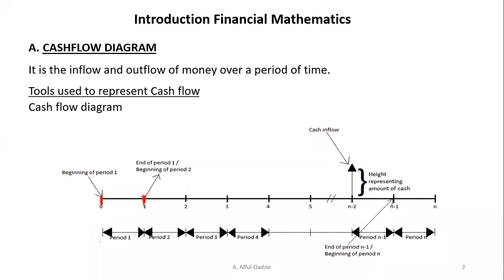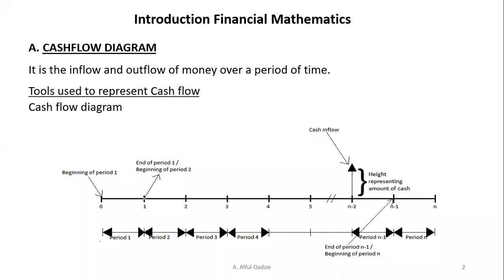However, although being the end of period 1, it also marks the beginning of period 2. The gap between 0 and 1 is period 1, and the gap between 1 and 2 is period 2. So this point here is the beginning of period 1, and this is the end of period 1.